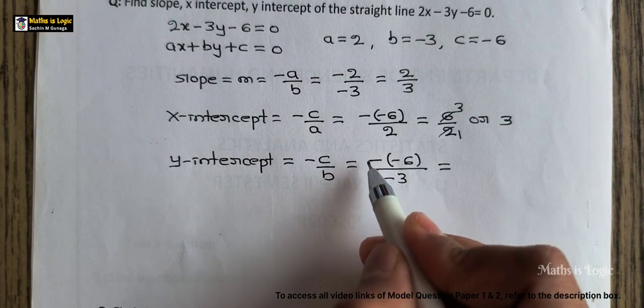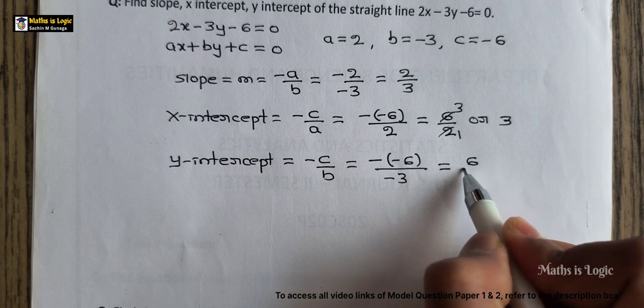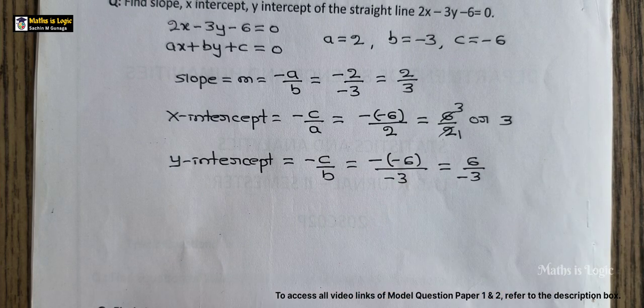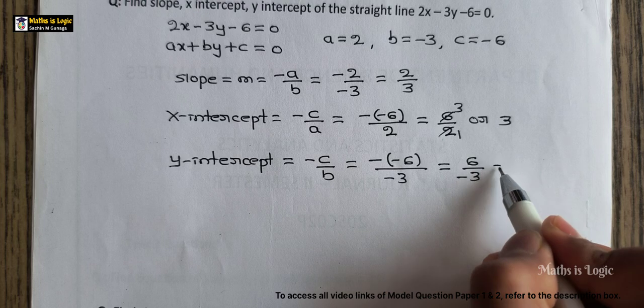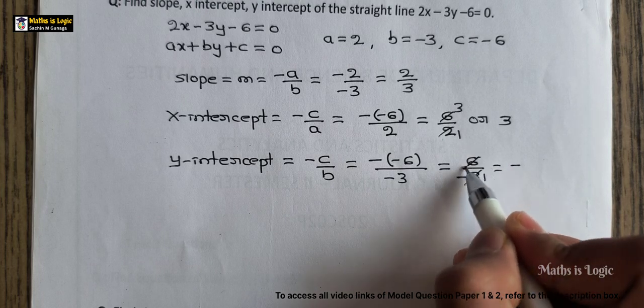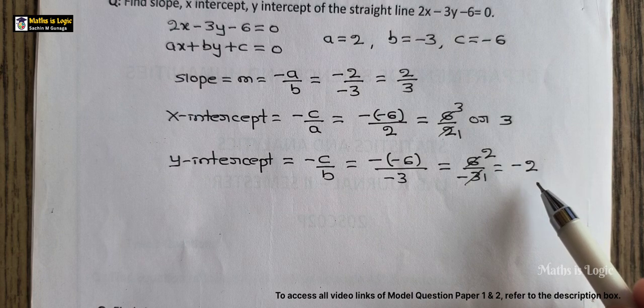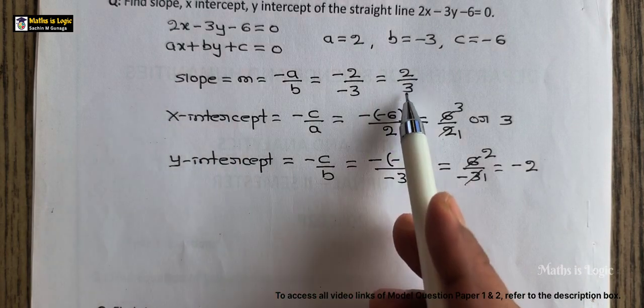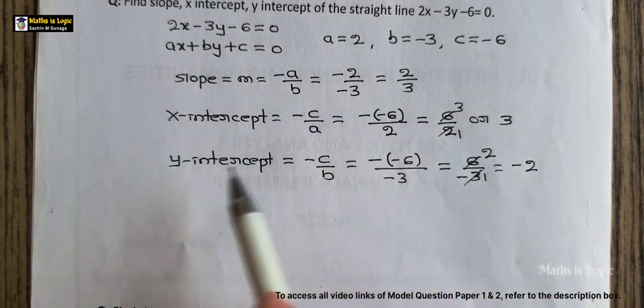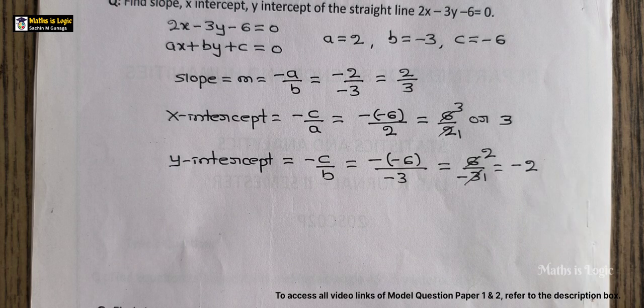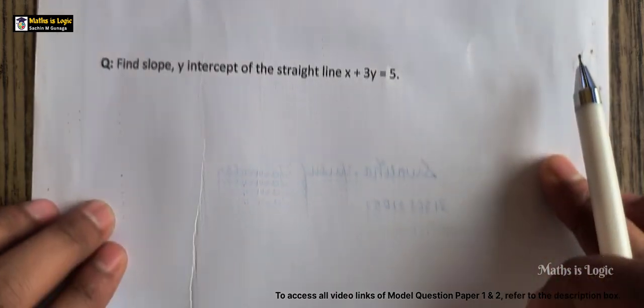So minus into minus is plus, 6 divided by minus 3. Plus divided by minus is minus, 3 1s are 3, 3 2s are 6. Therefore, the final answer is minus 2. Therefore slope is 2 by 3, x intercept is 3 and y intercept is minus 2. Next question.